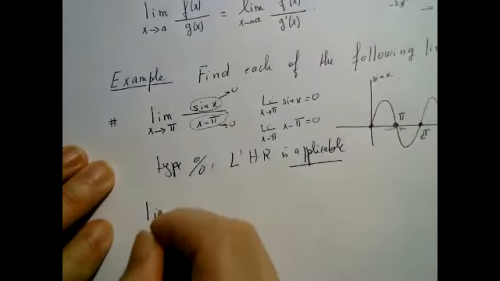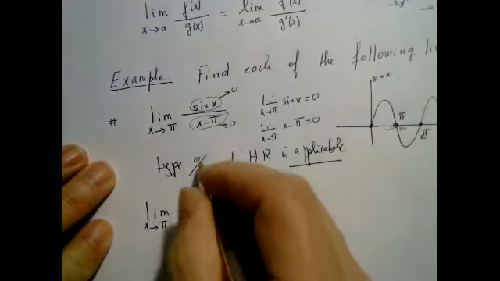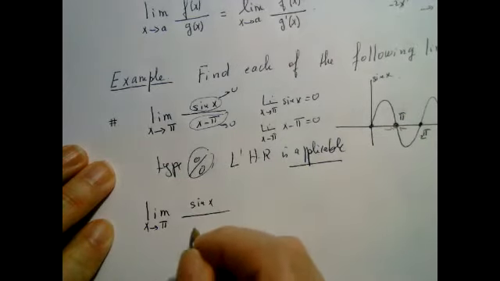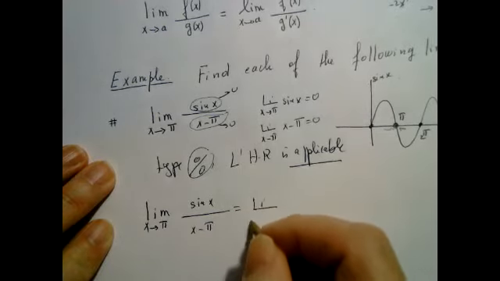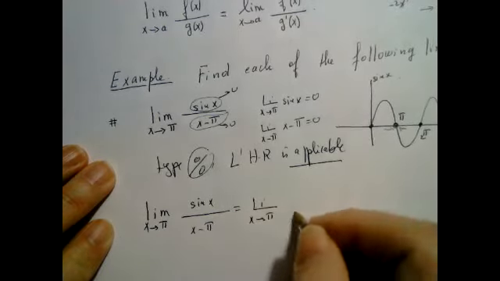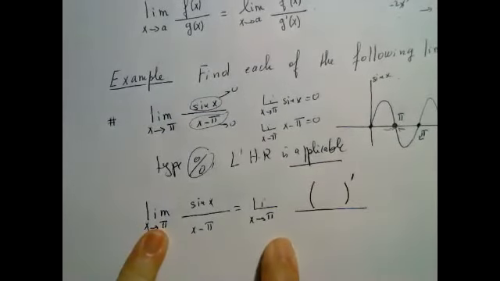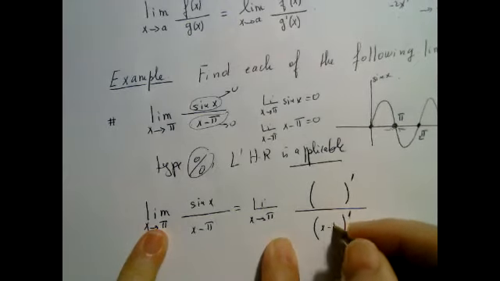So what does this tell me? L'Hopital's rule should most of the time get rid of this scenario. So L'Hopital's rule tells me this is equal to, be very careful what it tells me, the limit of the derivative of the numerator over the derivative of the denominator.